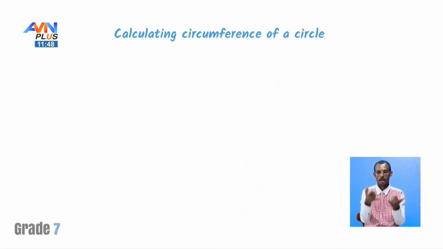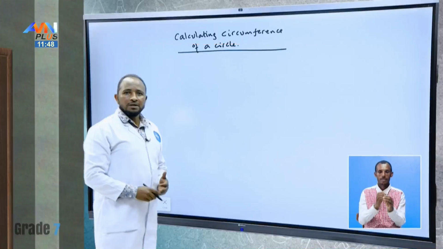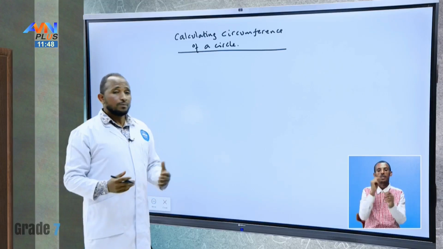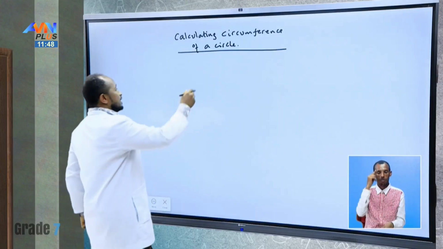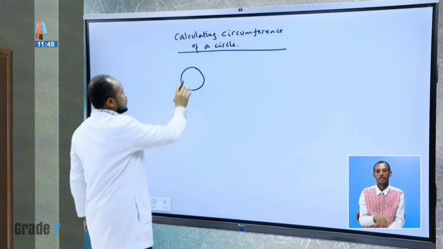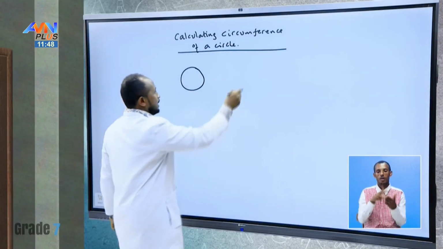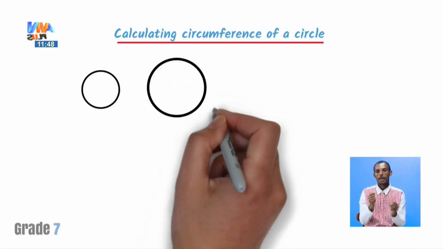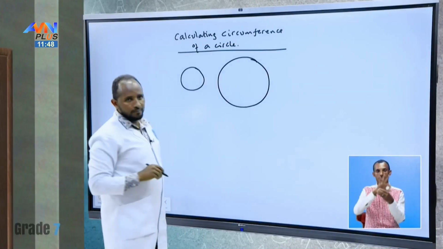Now, to calculate the circumference of a circle, you can try this activity in your home. Suppose take a circle made of a string or a rope. Here you have one circle, and you can make another bigger circle using another string.